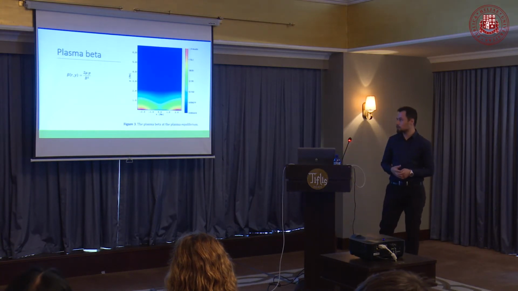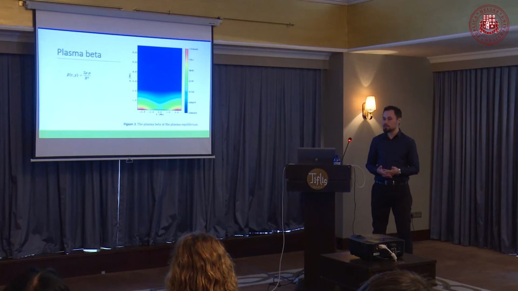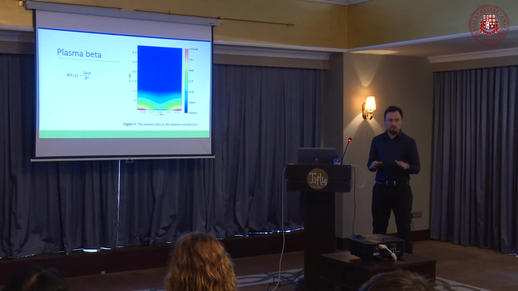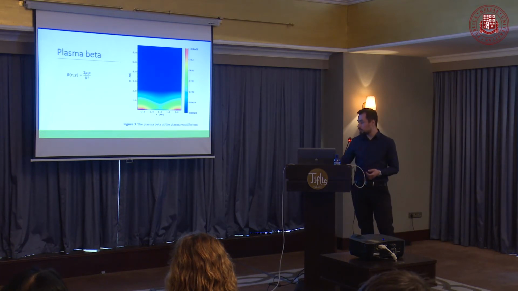And here is the plasma beta that results from this magnetic field. Plasma beta describes which is more important, gas pressure or magnetic pressure. As you can see, if we excite spicules somewhere below the transition region, most of the region where the spicule will evolve is dominated by magnetic pressure.